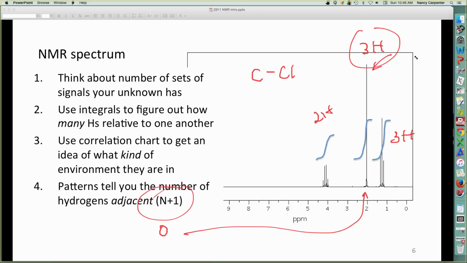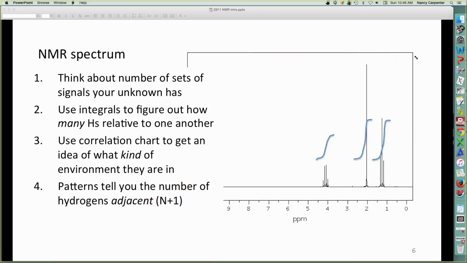So that really makes sense if this is what we're talking about, because there's no hydrogens next door. Well, what about this guy?